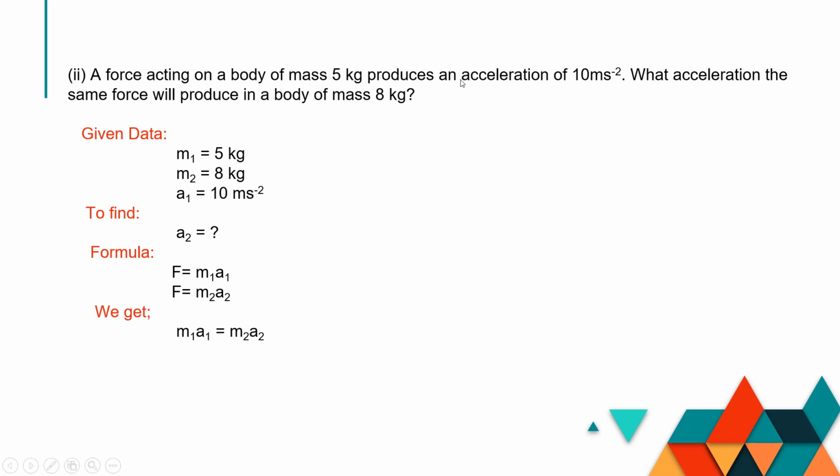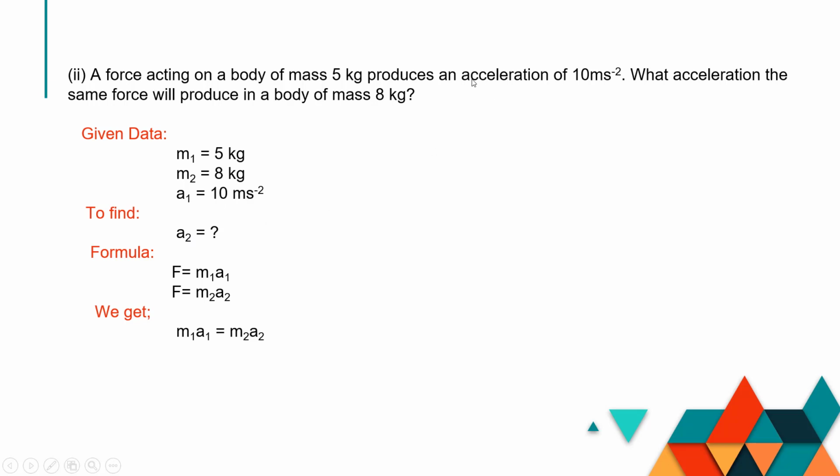You are given the acceleration of the first body, which is 10 meter per second square. So you will write a1 equal to 10 meter per second square, and you have to find the acceleration in the second body, so you have to find a2.